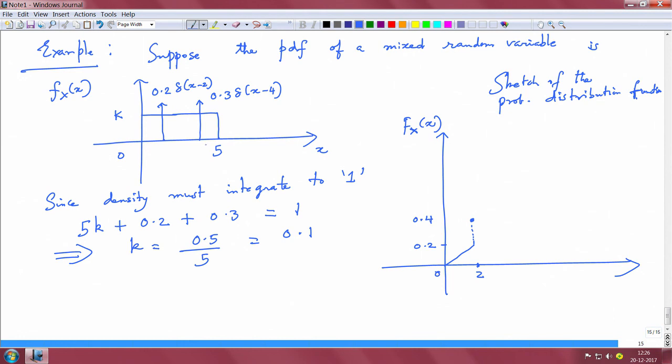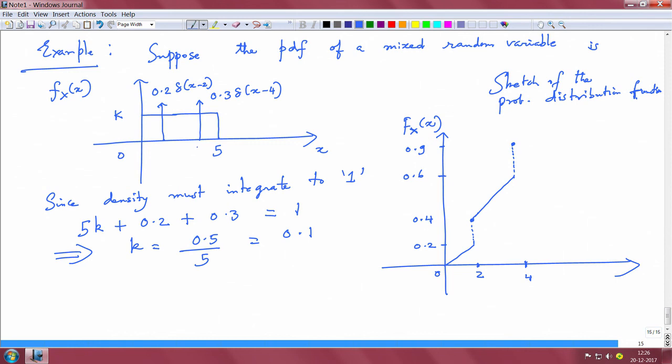Now, between 2 and 4 I do not have any impulse. So, I keep integrating till I accumulate a mass of 0.6, and at 4 I have an impulse with a mass of 0.3. So, I accumulate a mass of 0.3 here, and I get to this point which is 0.9.